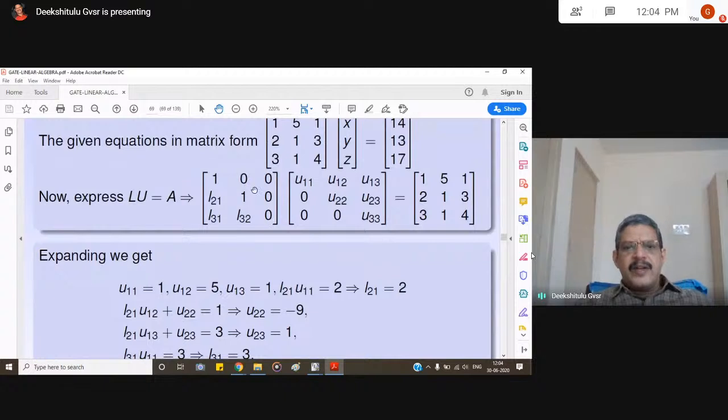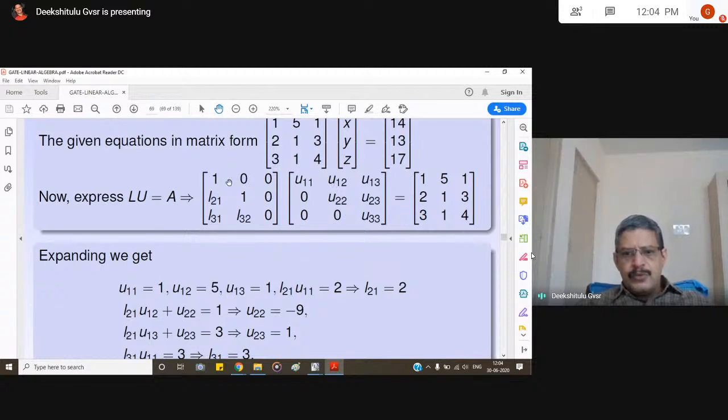Now expanding, what is the first row? 1 into U11 plus 0 plus 0. The left hand side first element is 1 into U11, the right hand side is 1. So U11 is known to you now. Multiply the first row with the second column, U12 plus 0 plus 0.